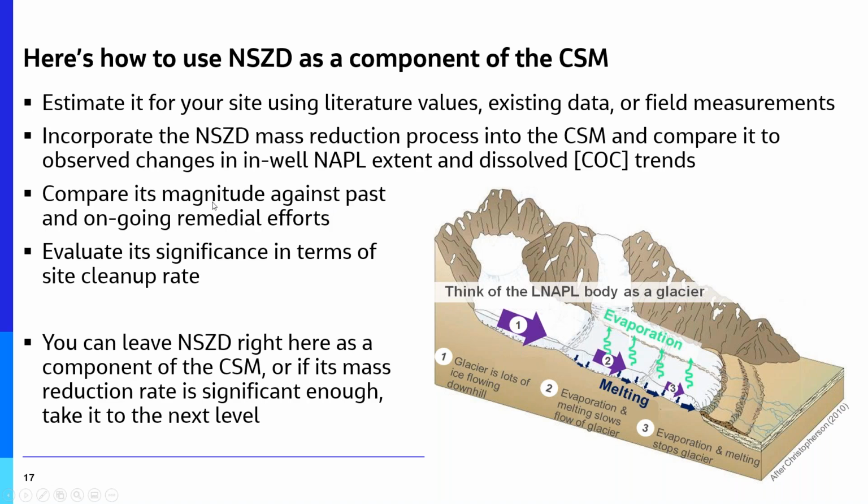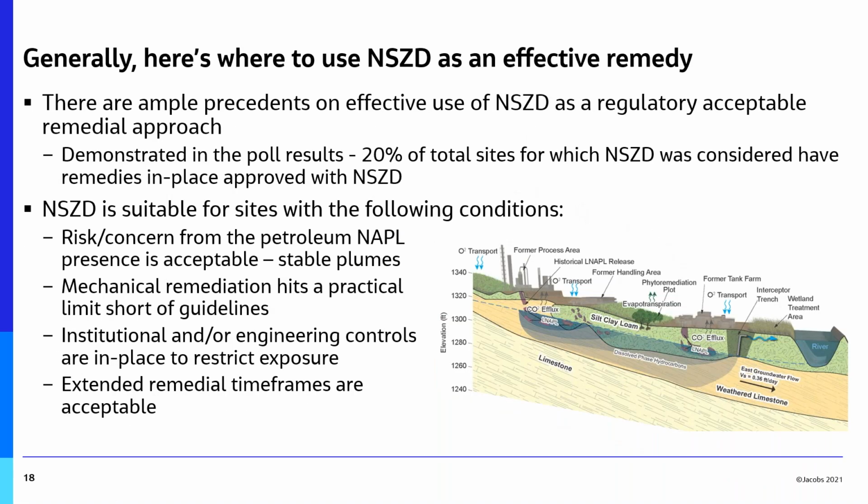So that's a way to look at it. You measure the rates, look at how large those are, and pair that with your soil boring data and your monitoring well data, even the in-well thicknesses. Take a close look at where that NAPL body was historically and where it is now, and see if NSZD explains how much of a recession you got. So that's kind of helpful.